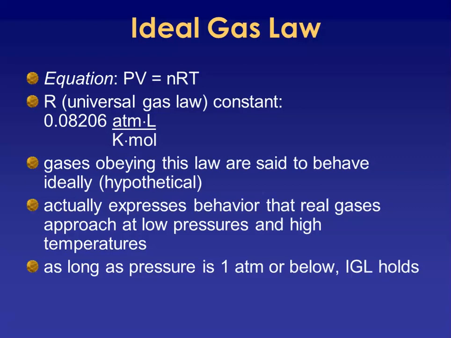The ideal gas law exists for gases that typically are thought, or hypothetically thought, to behave ideally. What that means is that they are going to follow the tenets of the kinetic molecular theory: they don't attract to each other, they don't repel one another, they take up whatever space is available, and they're in constant random motion. Real gases don't always obey those characteristics of the kinetic molecular theory. The kinetic molecular theory is applicable to gases at lower pressures and higher temperatures.